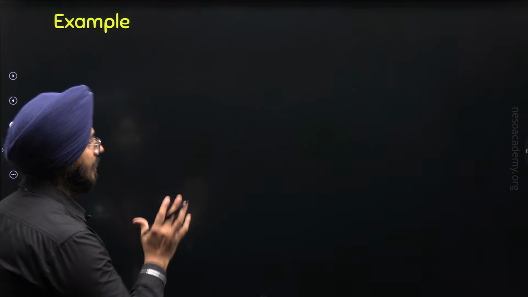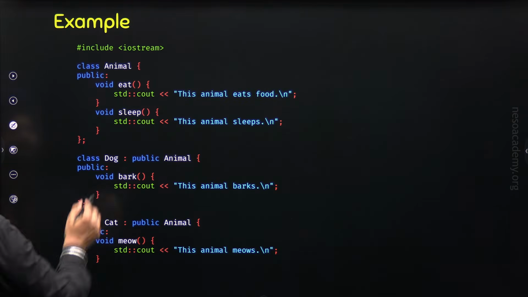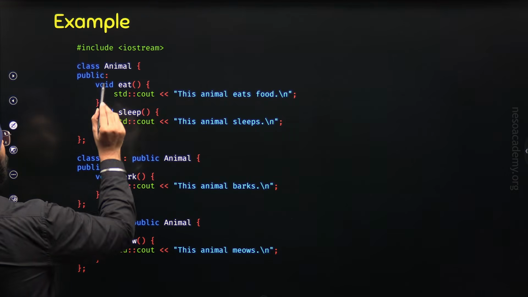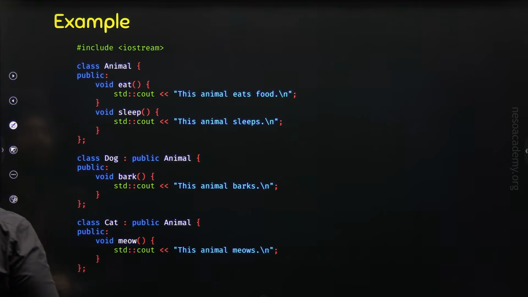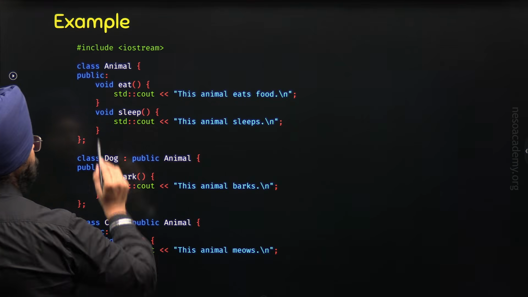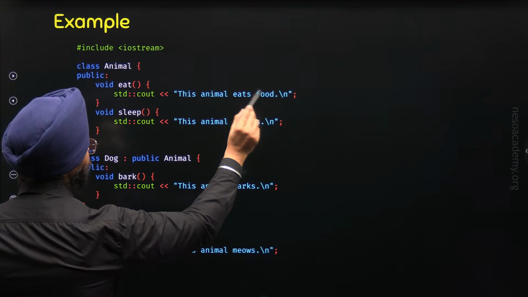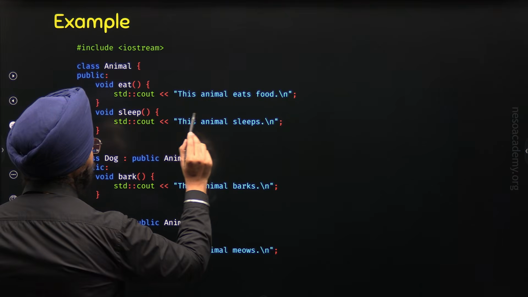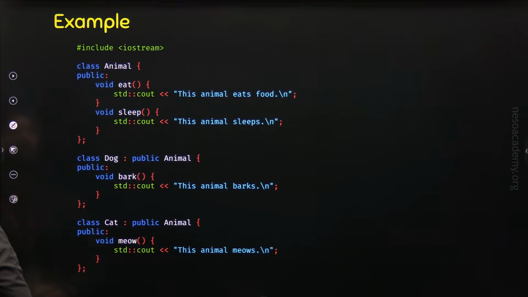Here is the example program. Here I have defined this class animal with public member functions eat and sleep. The function eat allows us to display this animal eats food, and the function sleep allows us to display this animal sleeps. This is the class animal.